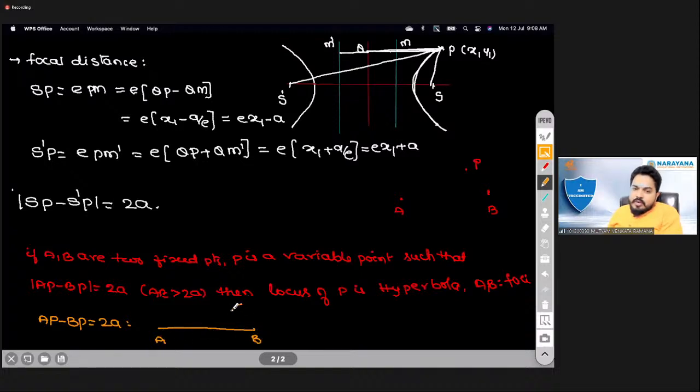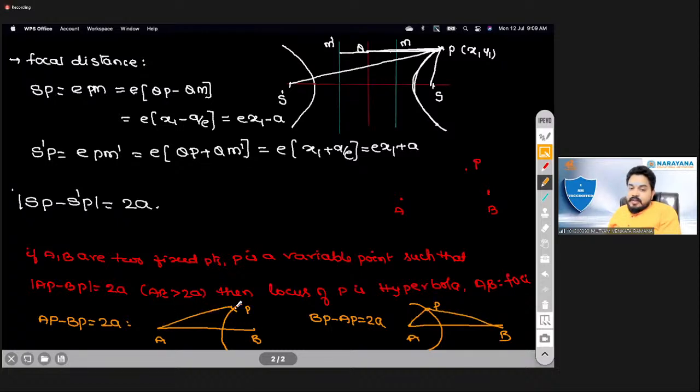In this case, you are going to get one arc of the locus. If I take BP minus AP equal to 2a, with A here and B here, you are going to get the other arc. Somewhere P will be there. Let me write this one also. A is here, B is here.